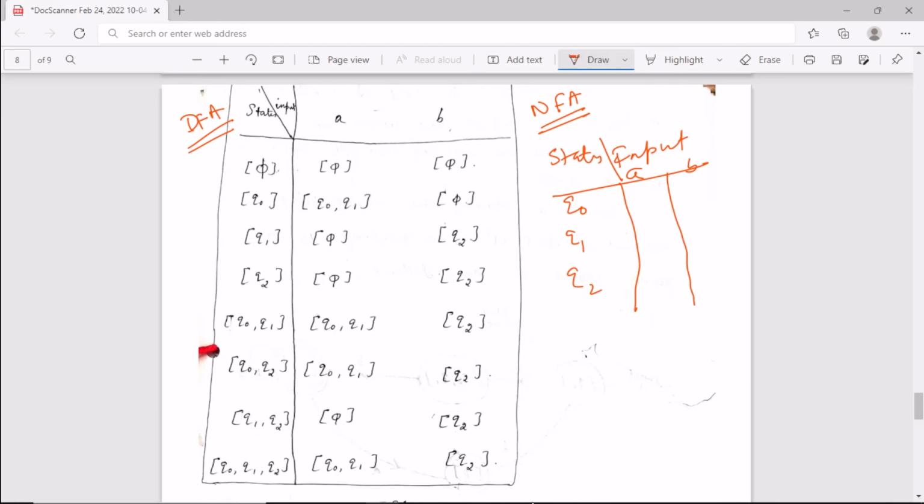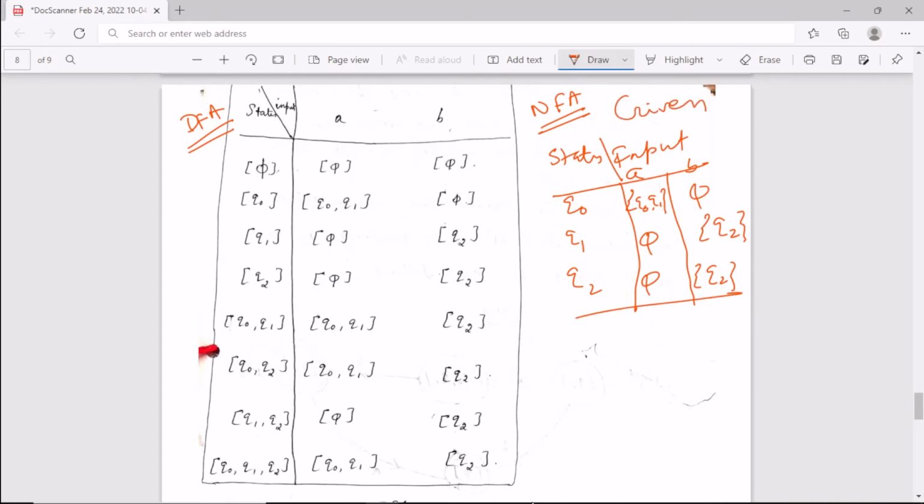Now by reading A at Q0, we have two possibilities: either you are at Q0 or Q1. And for B, nothing, the empty state. Q1 on A, empty set. Q1 on B, Q2 alone. Next Q2 on A, empty set, and Q2 on B, Q2 alone. That's all. This is what is given.